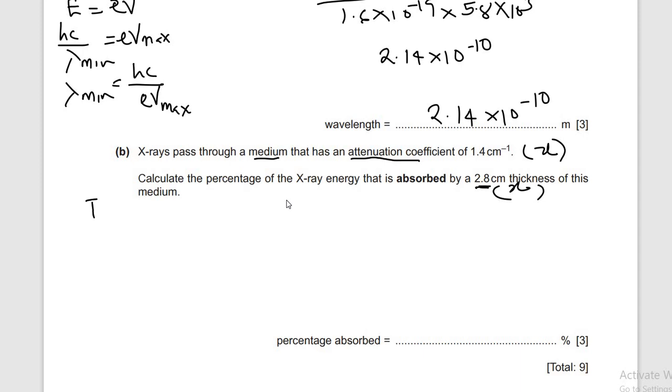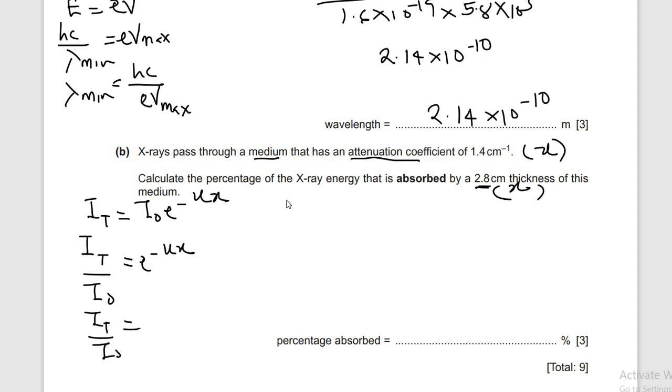So for attenuation, I transmitted equals I naught e to the power minus mu x. We want the ratio of transmitted over the original. The thickness is 2.8. The coefficient mu is 1.4.